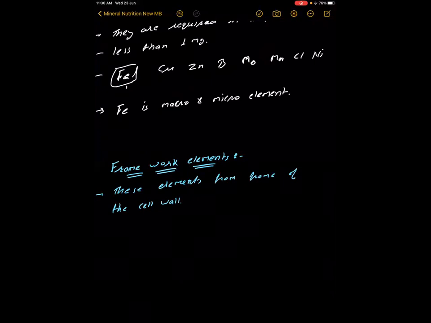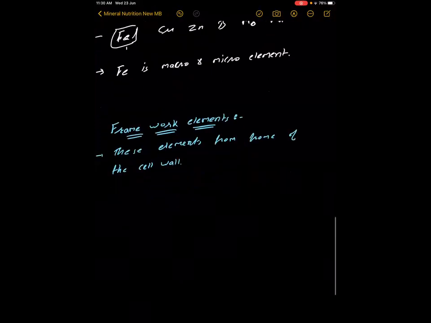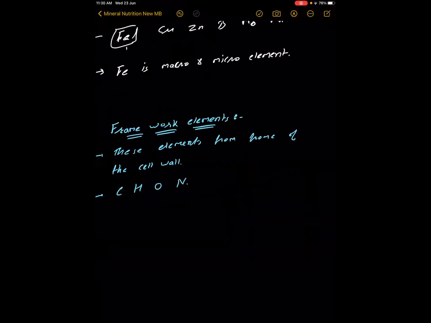Actually, the cell wall is the frame. Examples are carbon, hydrogen, oxygen, nitrogen, CHON. They are framework elements. Carbon comes from air as carbon dioxide, hydrogen and oxygen mostly as water, and nitrogen also from the nitrogen cycle.